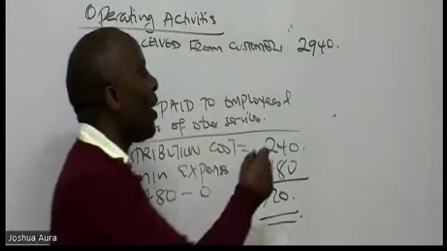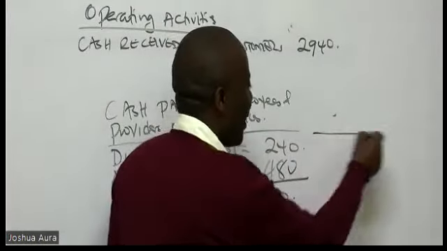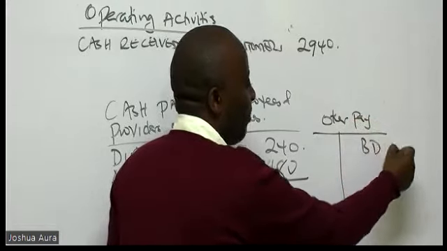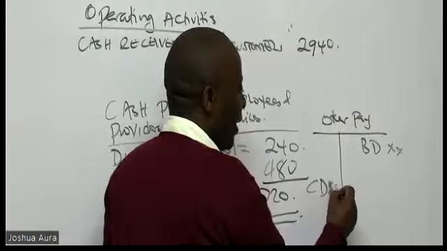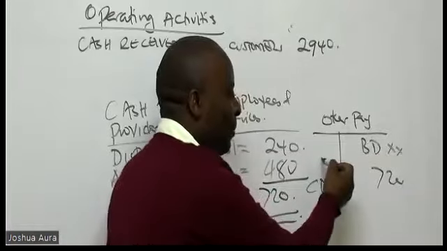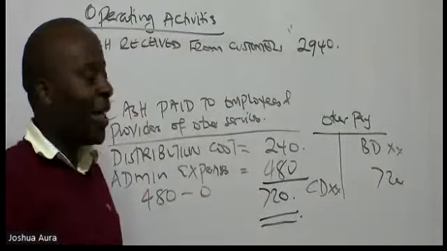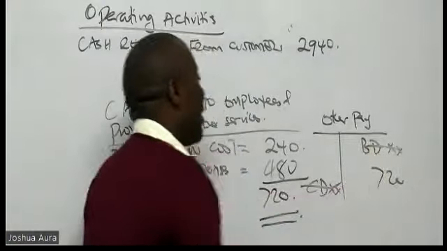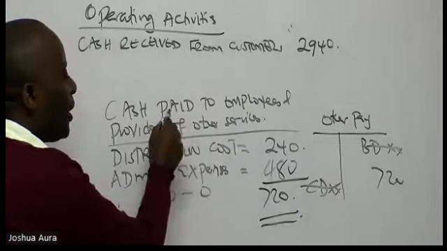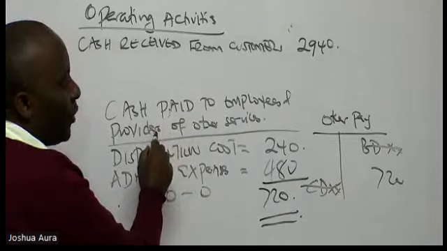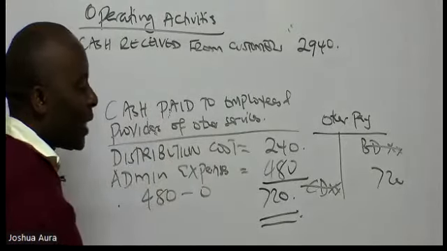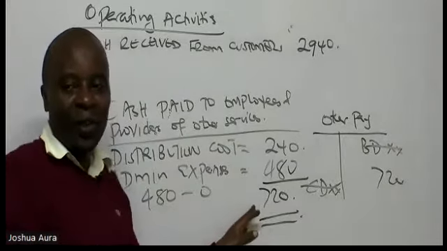If I had an account called other payables, I would have created it, brought down a figure, carried down a figure, and then whatever figure I have here, I bring it here, 720, and get the balancing figure. Here I've got nothing, so this 720 automatically is the cash paid to employees and providers of other services. Cash paid to employees and providers of other services is 720. And that is it.